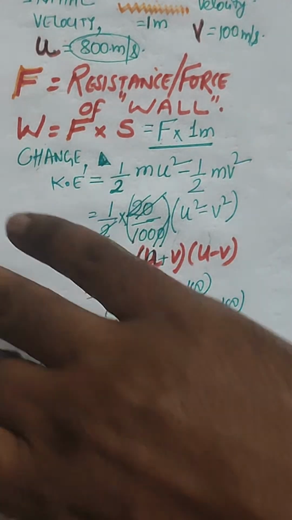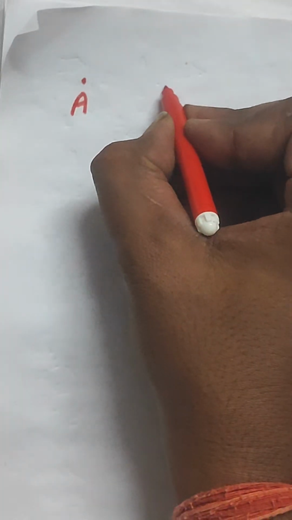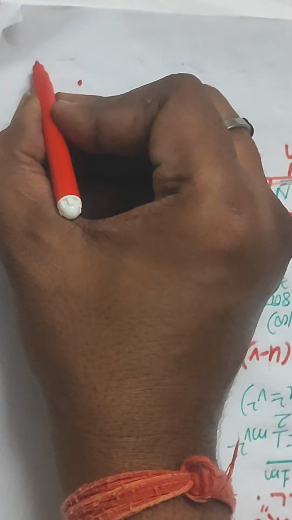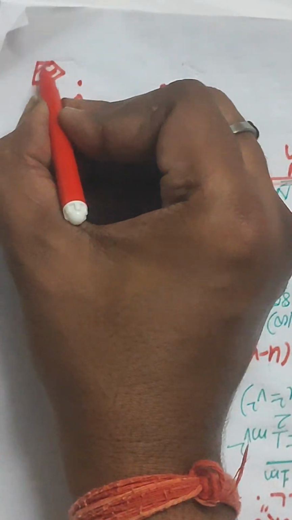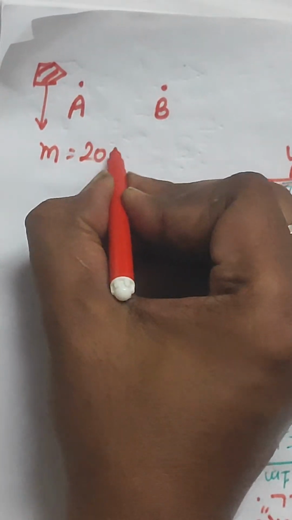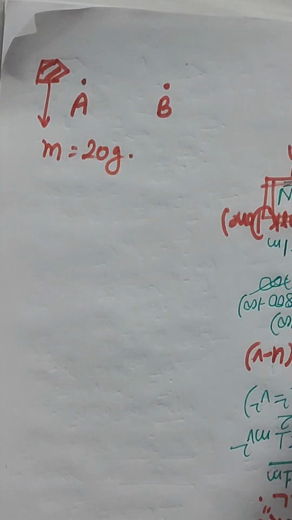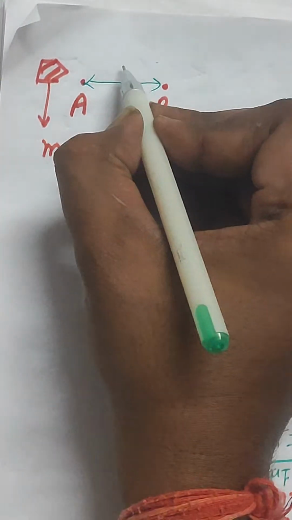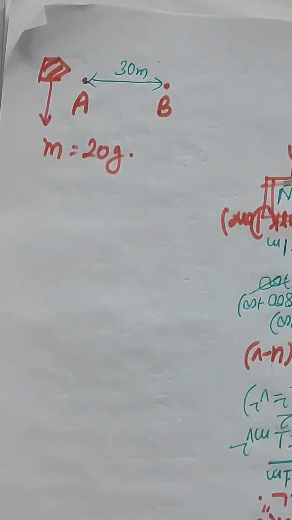It's given that 2 points are in front of you, one is A, another is B, and a bullet of mass 20 gram is found to pass 2 points 30 meter apart. So the distance between these 2 points is 30 meter, right?